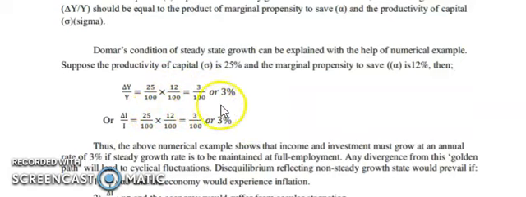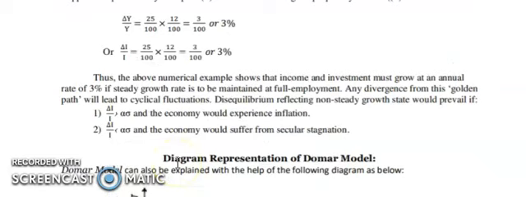Delta Y by Y is 3%, or delta I by I is 3%. Thus, the numerical example shows that income and investment must grow at an annual rate of 3% if steady growth is to be maintained at full employment. Any divergence from this golden path will lead to cyclical fluctuations.